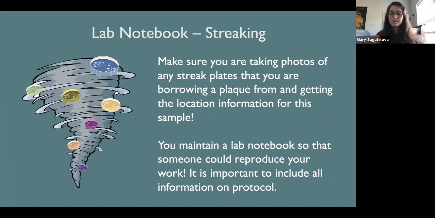Any information on lab backups that we have prepared for you, we've uploaded a file onto Carmen under lab resources, numbered 1, 2, 3, 4, 5, 6, 7. It gives you the location information for those particular samples. So if you're not getting photos or you're not writing down that information in Open Lab, make sure you're going onto Carmen, getting that information, and inputting it into your lab notebook. Do it sooner rather than later. You're going to forget if you put it off until the week after or something like that. So just get it done. It's very quick.